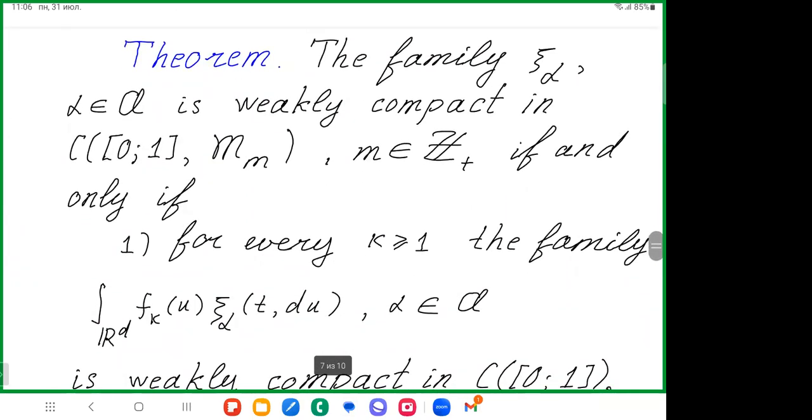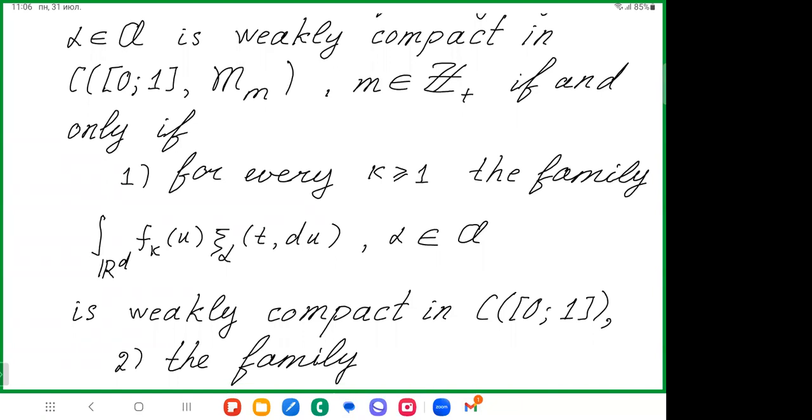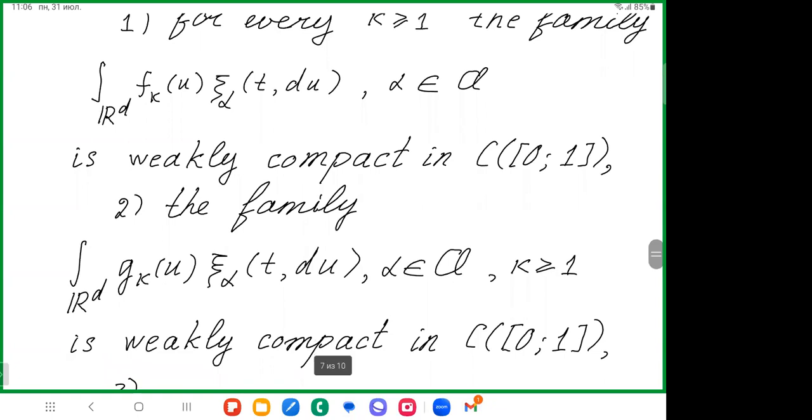The family xi_alpha is weakly compact in C([0,1], M_m) if and only if, first, for every k greater than or equal to 1, the family of integrals of f_k with respect to xi_alpha(t, du) is weakly compact in C[0,1]. So we just take the integral of the function f_k with respect to the measure and it must be weakly compact. And the second condition is the following.